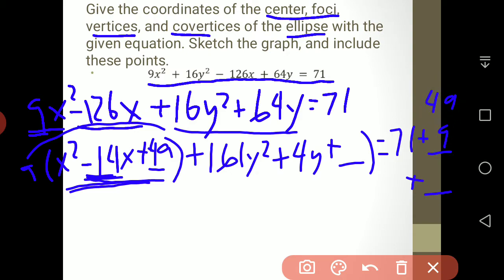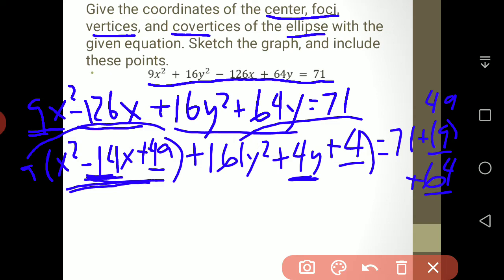We don't have a lot of space, so I'm writing it that way. I hope you understand. So again, take the half of this 4 and square that. 4 divided by 2 is 2, squared, so that's just 4. Now we have 4 times 16, that's equal to 64. So 71 plus 49 times 9 plus 16 times 4, or 64.